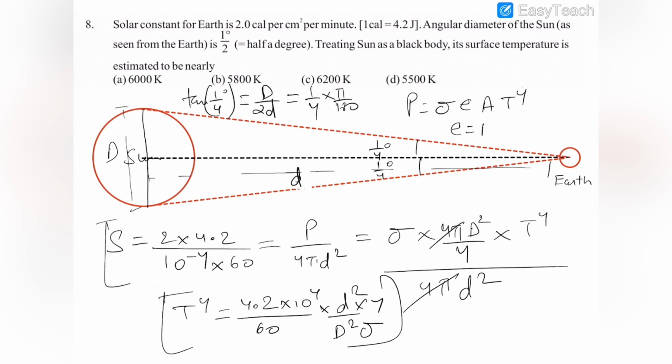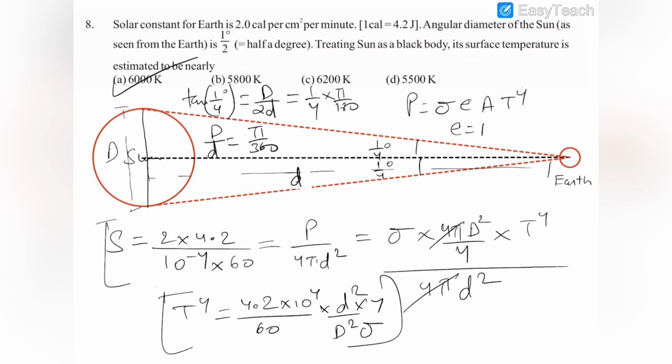So you can see that capital D by small d is equal to pi by 360. So you can substitute these values in this term and we can find out the value of T to the power 4. So the correct option would be option number A.